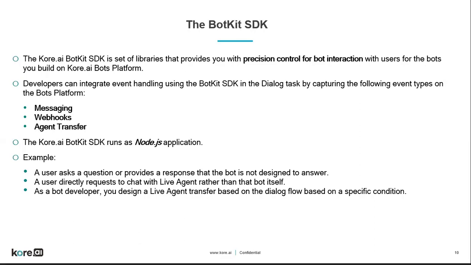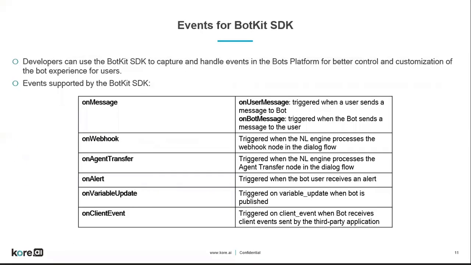Let's look into the content of that BotKit. This BotKit entirely works on events. When the user is sending a message to the bot, on the BotKit layer, if it is installed, an event gets triggered, which is known as the on message event. Within that on message event, there are two sub-events, which are on user message and on bot message.